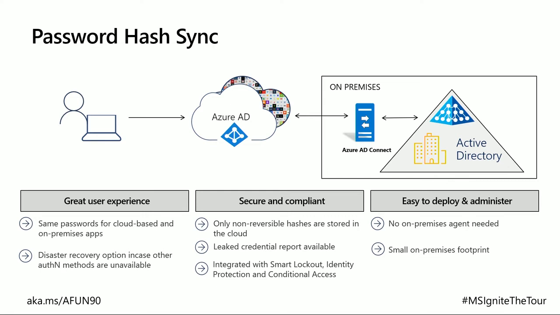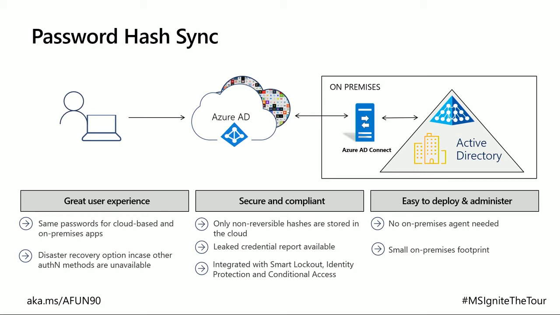That comes up with a maths equals X. X gets replicated up to the cloud. When I sign into the cloud and I put my password in, it runs the same cryptographic algorithm against what I've entered to see if it also equals X.